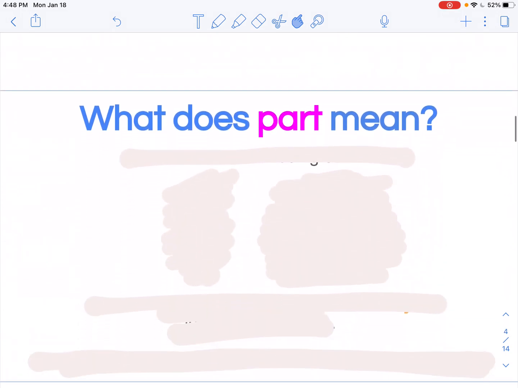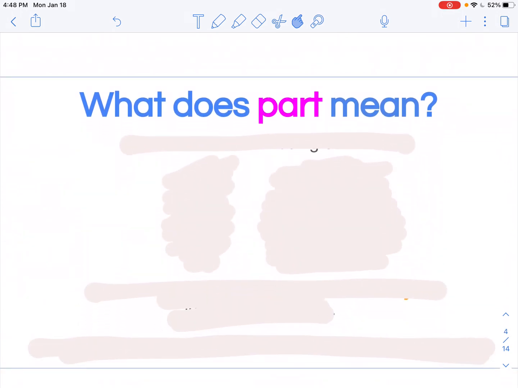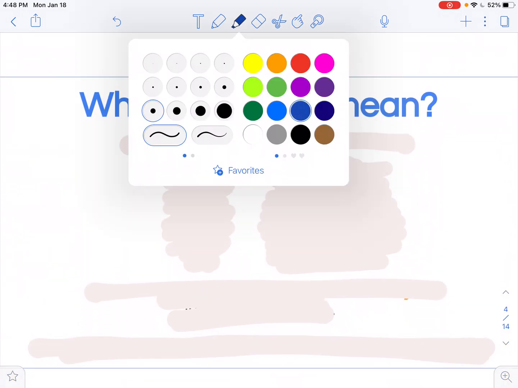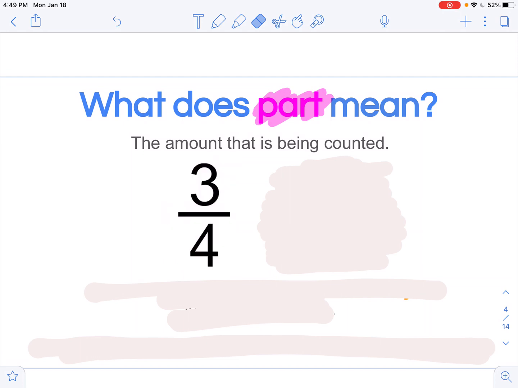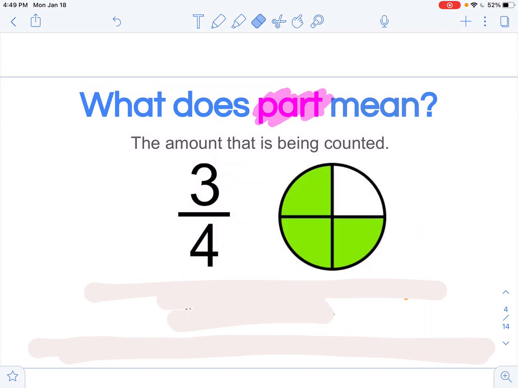So, first of all, let's think about what the word part means. Notice I have part there in pink. When we use the word part, I really mean the amount that is being counted. For example, here's the fraction 3/4. Here's a picture of 3/4.